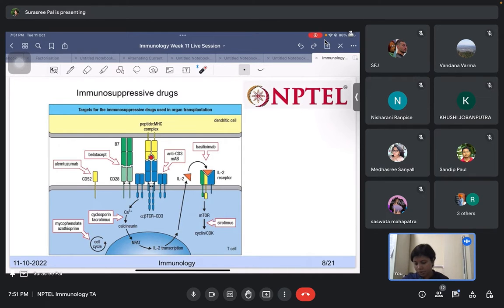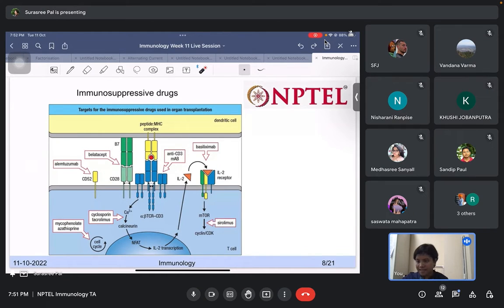Next, coming to the CTLA4 Fc fusion protein, which is belatacept. It binds to B7 and prevents the generation of the B7 CD28 co-stimulation complex. So it inhibits T cell proliferation by inhibiting the co-stimulation by B7 CD28, right?